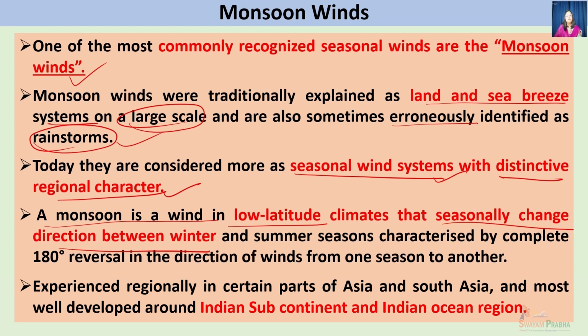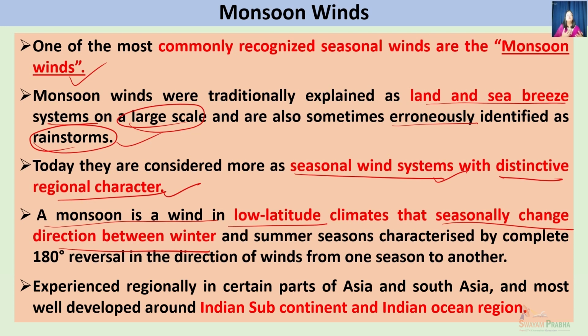So as we have discussed earlier many times, the sun heats up different regions of the earth differently. So when you have summers in the northern hemisphere, you have winters in the southern hemisphere and vice versa. So when you have summers in the northern hemisphere, the monsoon winds act in a completely different manner, characterized by an entirely different set of characteristics.